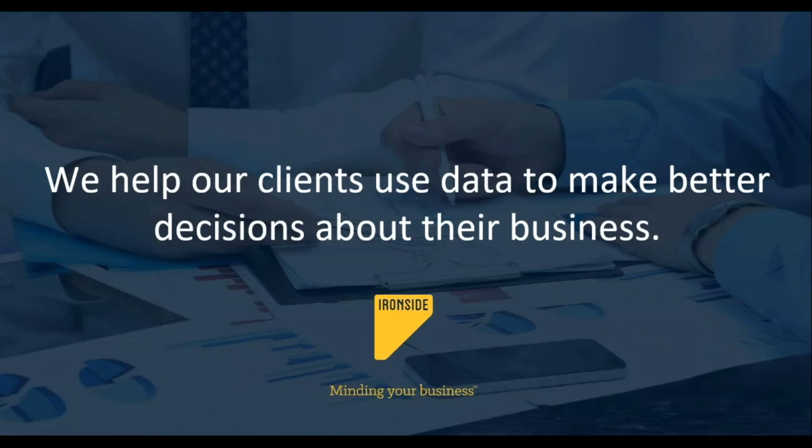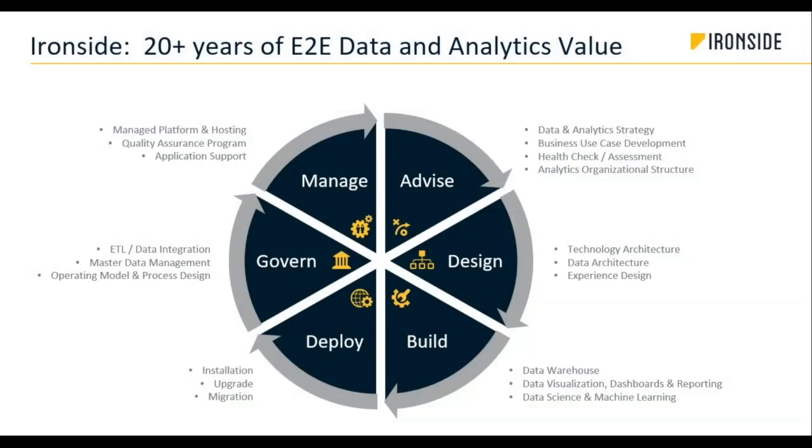So we always like to start with a reminder of our mission at Ironside. That's to help our clients use data to make better decisions about their business. And we do that with our 20+ years of end-to-end data and analytics experience across the entire lifespan, literally end-to-end: data, analytics, AI. We have capabilities to support and step in.